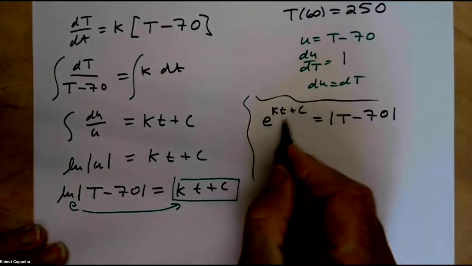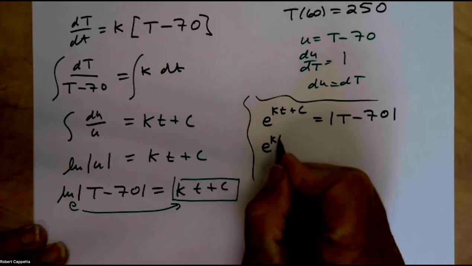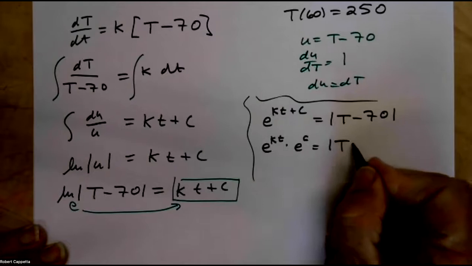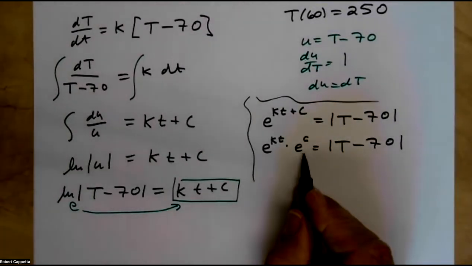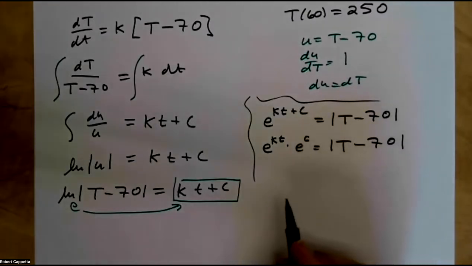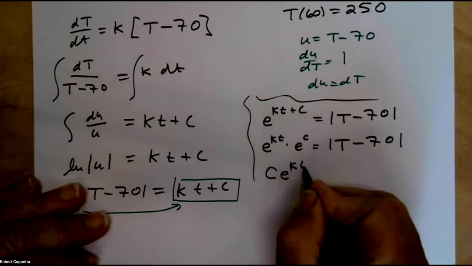Well, I can use the rule of exponents to recognize this is e to the kt times e to the C is absolute T minus 70. e is a number, about 2.718, to some arbitrary constant, will still just be an arbitrary constant. So in essence, I get C e to the kt.